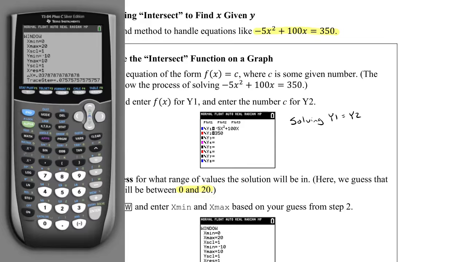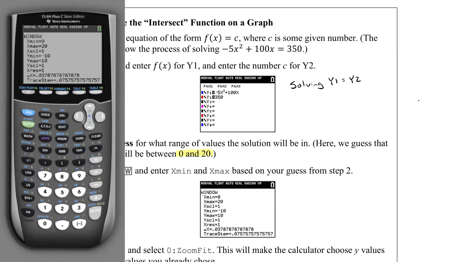And those are the only things I'm going to change in this window screen. So x min and x max, I'm going to set these based on my guess. And then everything after that on this screen, I'm going to ignore. They're going to be set automatically for me in the next step.